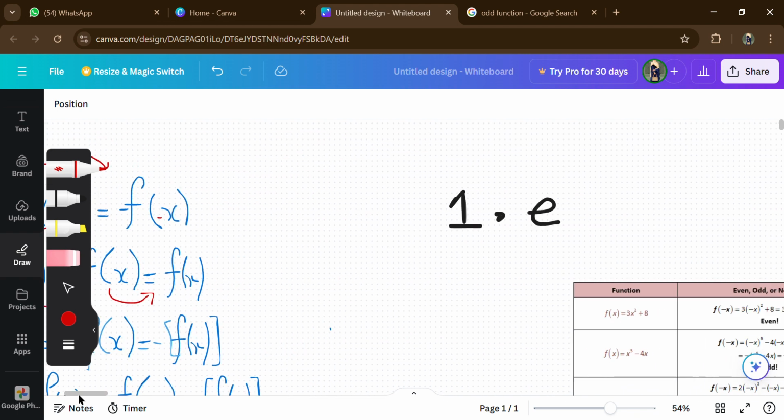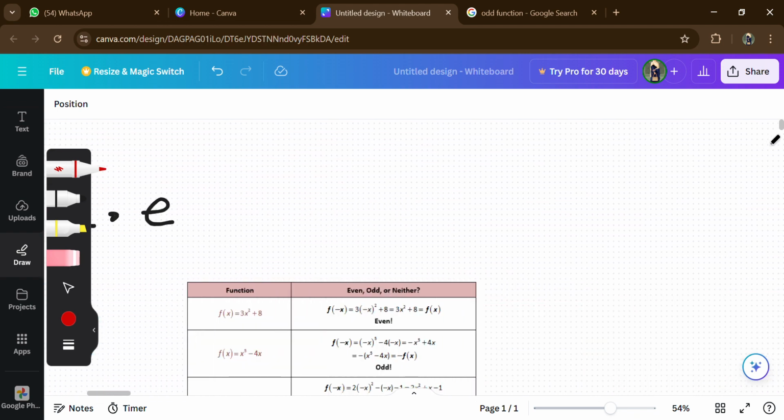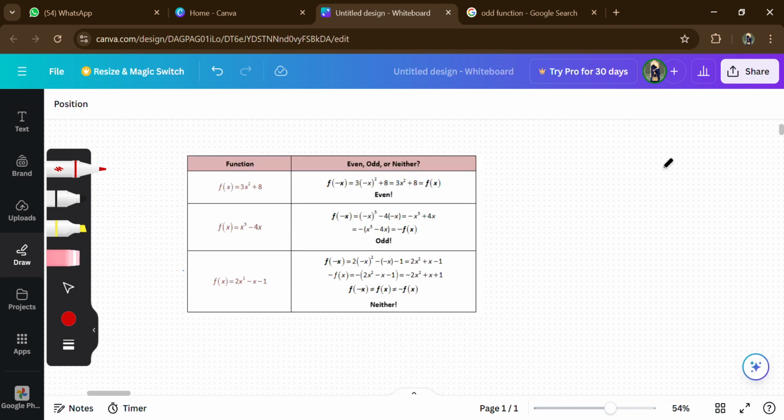Let's move on to a brief example of it. Here you can see a table having all three equations. At the very first, you can see that they have given a simple situation: 3x square plus 8. What you have to do is make this x negative.